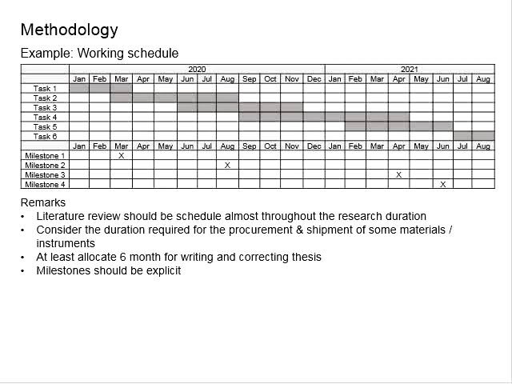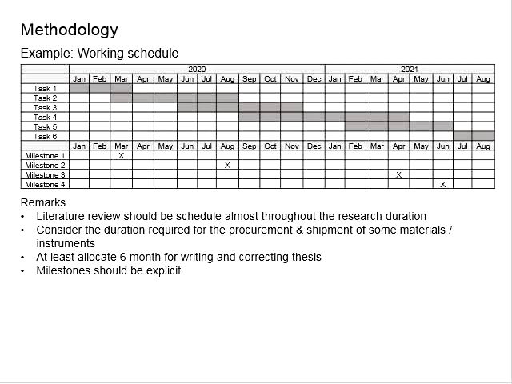Therefore, you will have to estimate a certain amount of time for you to write your thesis, and then you have to allocate time for your supervisors to review your thesis. You're going to expect your supervisor giving you comments or rejecting your thesis, and then you have to reconstruct your thesis, or rewrite your thesis, or edit your thesis.